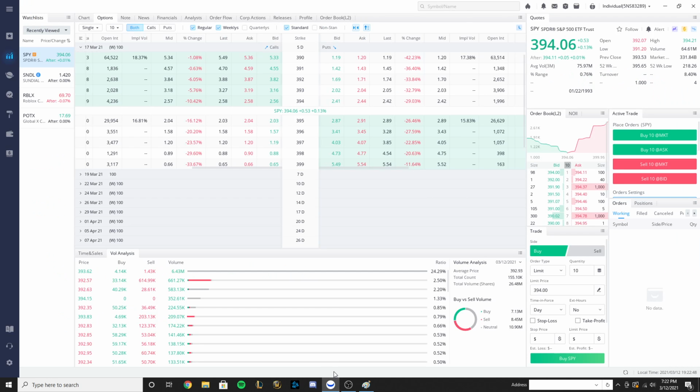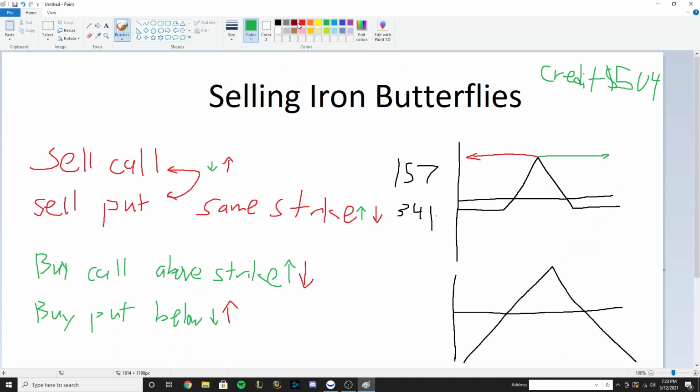So for me and how I think that I would execute this trade, I haven't executed a trade on SPY before. I don't know how SPY trades, so I'm just doing this as an example. But I would say that for my lower leg, I would buy this put right around the 393. So this would be 204.